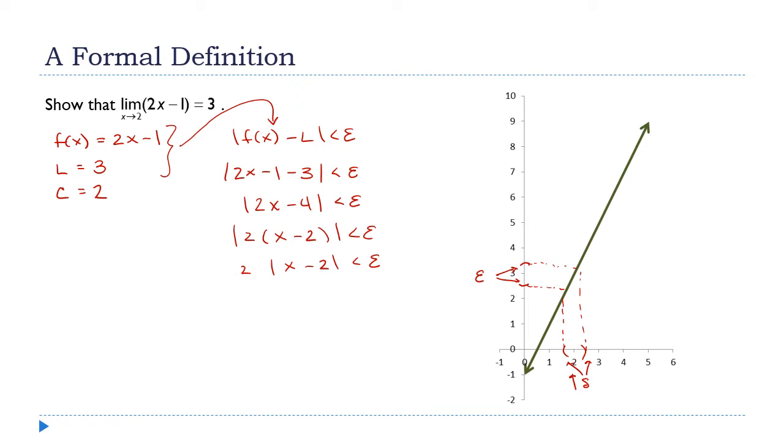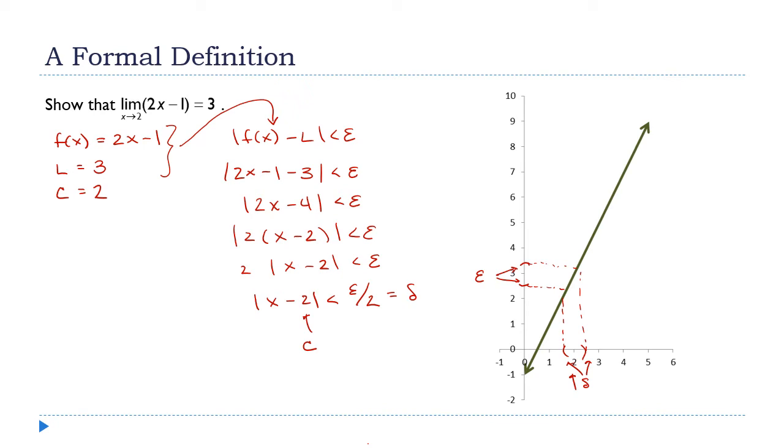Now look, let's do this. Divide both sides by 2, right? And see what I get. I get the absolute value of x minus 2 is less than epsilon over 2. That is my delta, because notice that that is equal to c. Okay, everything I did here, you can work it backwards, right?